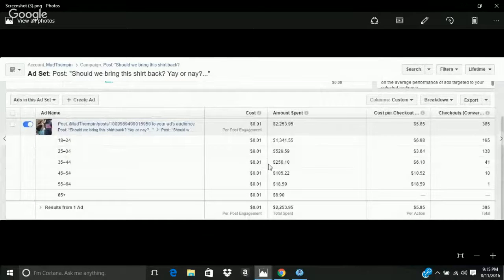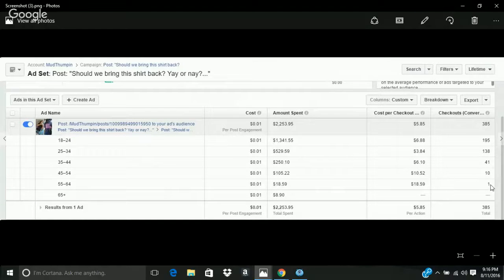If you look over here, this is what it costs per order and how many orders we had. This divided by how many orders we had tells you how much it costs you per order. So if you're running this ad, you see how it's really expensive up here at the 55 to 64 age group.